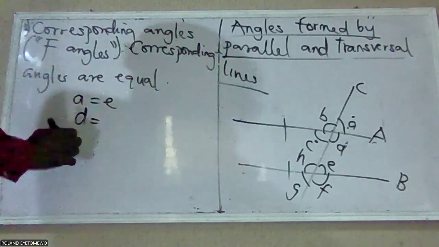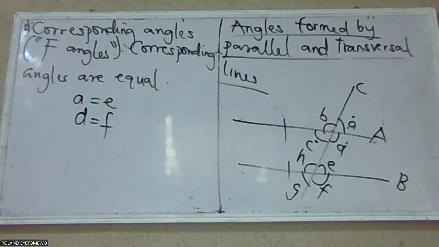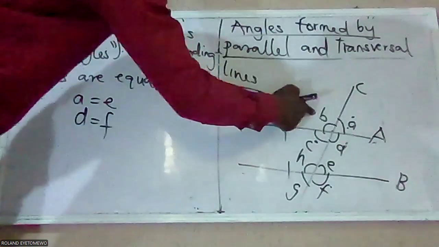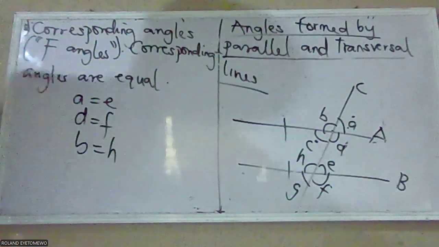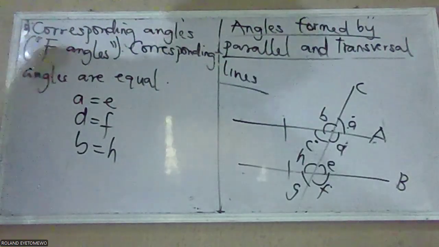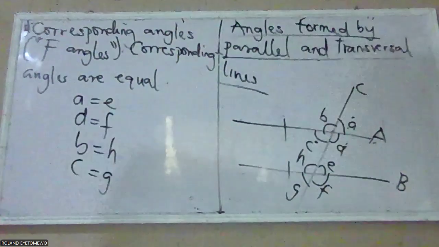D is equal to F. Why? Because they are corresponding angles. Let's check this other side. B and H. B is equal to H. They are corresponding angles. And C is equal to G, corresponding angles.